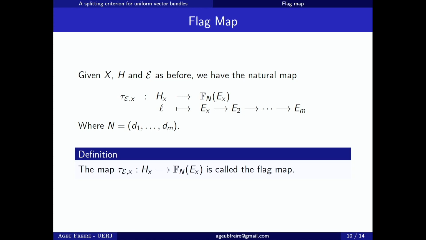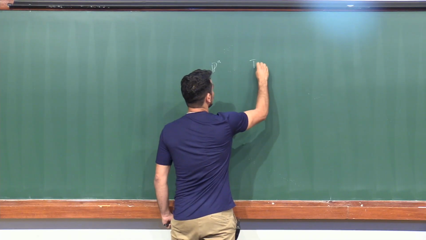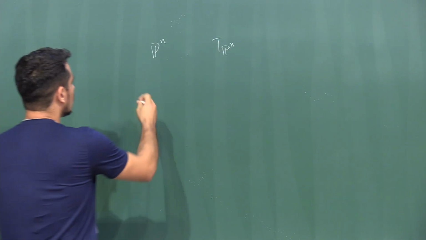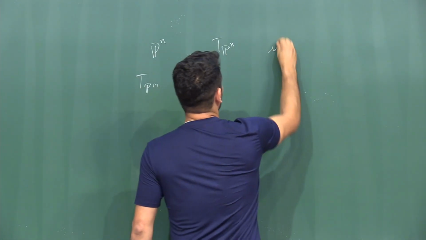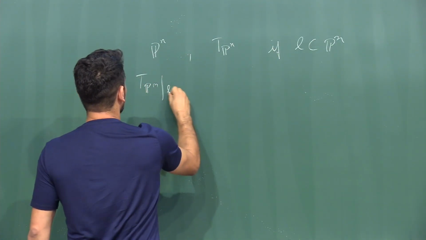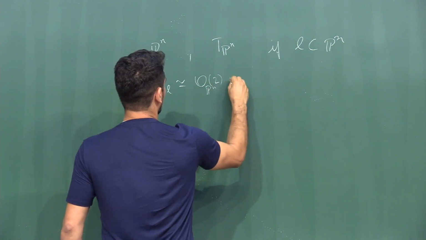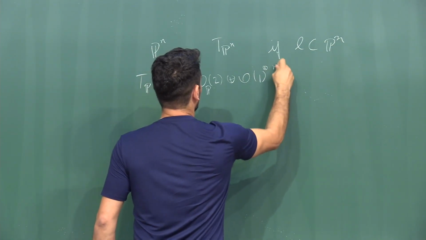For example, just to give a simple example, if we have the projective space P^n and the tangent bundle of P^n, it's well known that the restriction to any line of P^n is isomorphic to O(2) plus O(1) up to n minus 1.